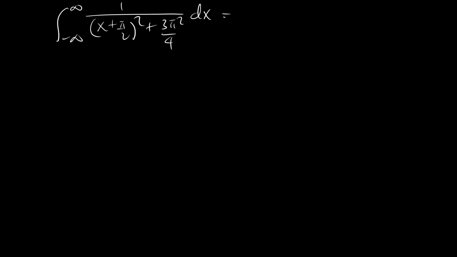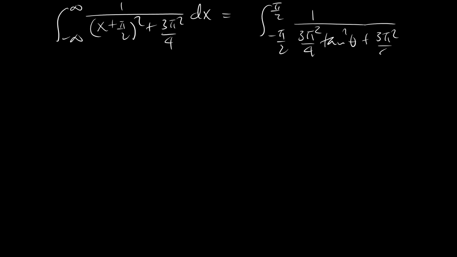And so, in other words, 1 over x plus pi over 2 squared plus 3 pi squared over 4 is equal to 1 over 3 pi squared over 4 tan squared theta plus 3 pi squared over 4, times root 3 over 2 pi sec squared theta.